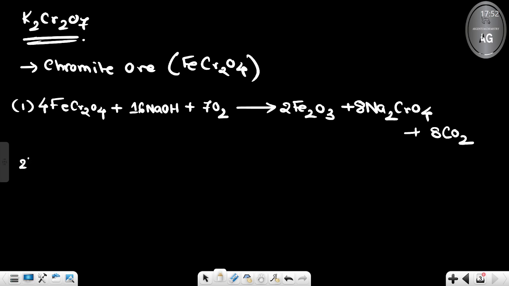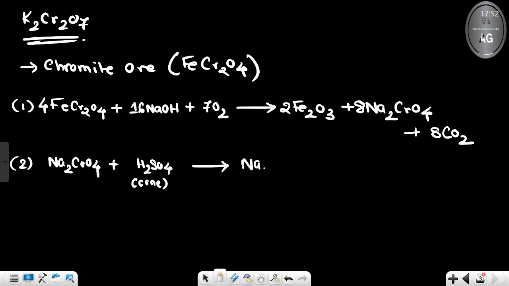Next step, we will go from chromate to dichromate. So this reaction will happen: Na2CrO4 plus concentrated H2SO4. If I react this, what will I get? Sulfate is there, so I will definitely get one product as sulfate.